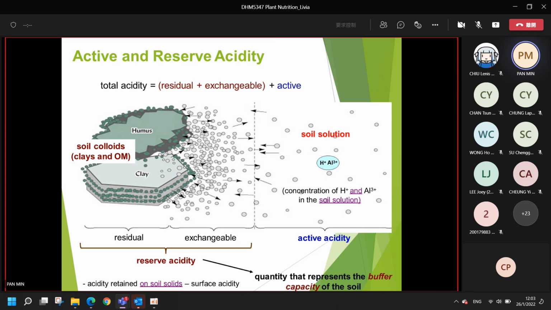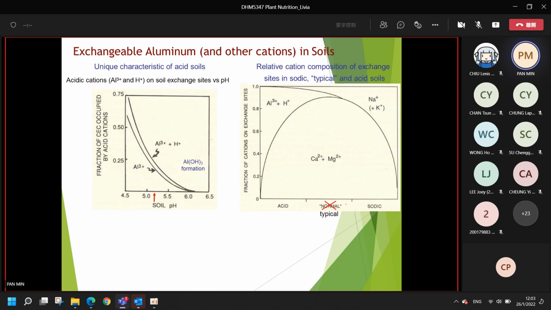It's changeable aluminum in the soil. You can see the unique characteristics of the acid soil: most of the exchange sites are occupied only by aluminum ions and hydrogen ions, and that makes the soil pH be at the acidity level.